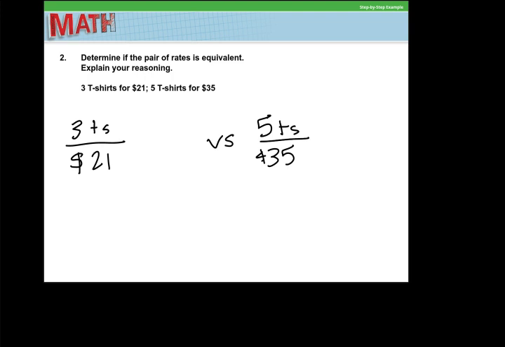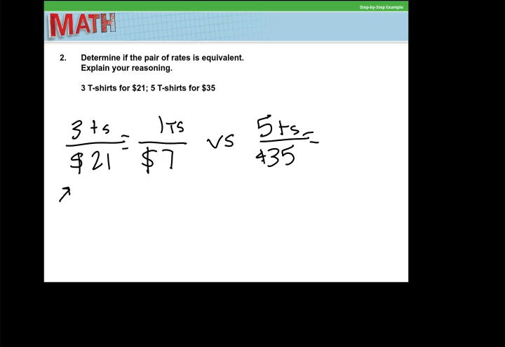So I'm going to simplify my 3 over 21 as low as it can go, and they can both be divided by 3. So let's divide both of them by 3, which gives me 1 t-shirt for $7. Then I'm going to do the same thing on the other side, not dividing by 3, but dividing them both by 5.